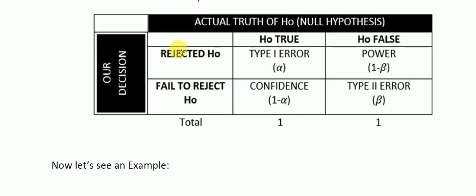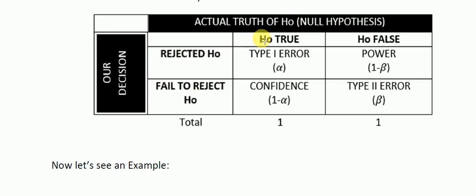So here is a brief summary of what the type 1 error and type 2 errors are. Basically here we have the null hypothesis being true, and here is the null hypothesis false. So this is the actual situation, but what the investigator or the researcher does is rejects null hypothesis in this case and fails to reject null hypothesis in this case.